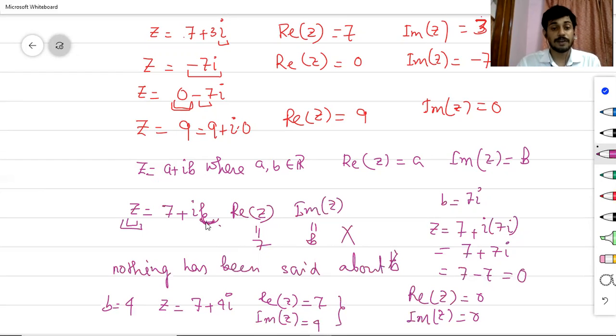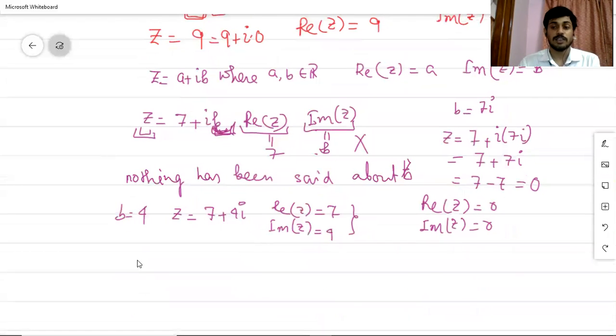Hence, if the b value goes in a different way, then the real part of z and the imaginary part of z will vary. Hence, if you want to state the real part and imaginary part of z specifically for a complex number, then it should be mentioned what kind of number b will be.